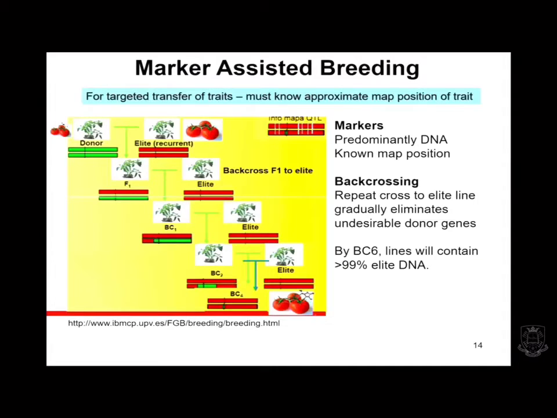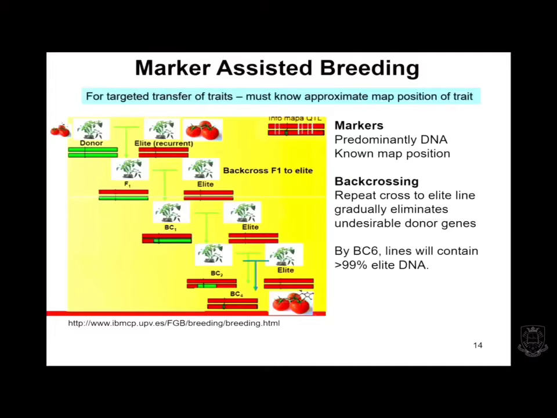And then you look at the next generation, the progeny from this, and you use your markers to follow this. Okay? And what you're doing each time is you're looking for crossover events, and crossovers where you start to lose part of the donor regions are closely linked to the trait of interest. So you're following this loci.